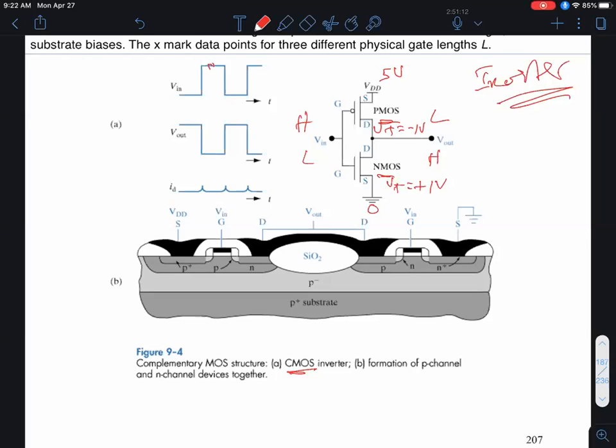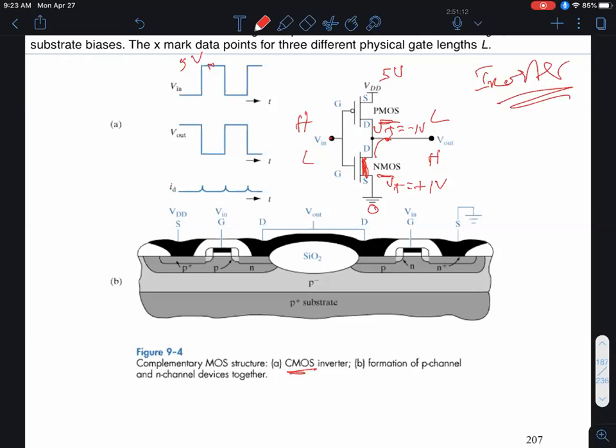Now, if my input voltage was increased to 5 volts, I'm looking at a digital circuit. Let's see if the NMOS and the PMOS will be on or off. If my input was 5 volts, that's more positive than the threshold voltage of the NMOS. Remember, VG minus VT determines how much gate overdrive I have. I form an inversion region, and that means this node is connected to ground.